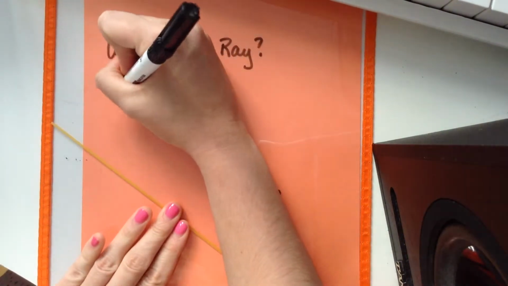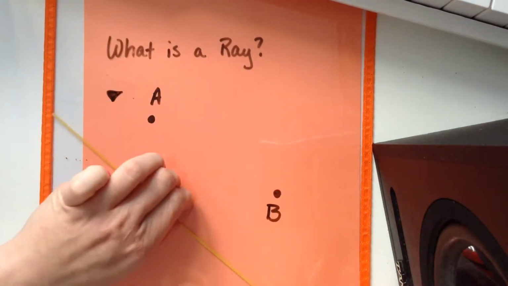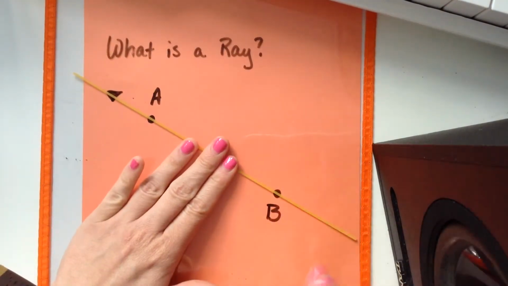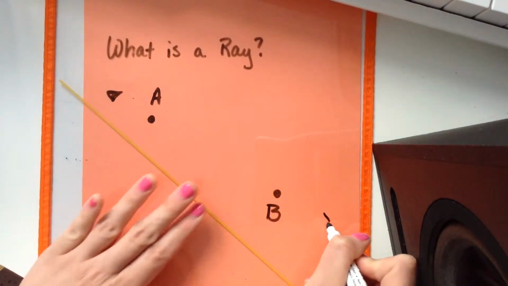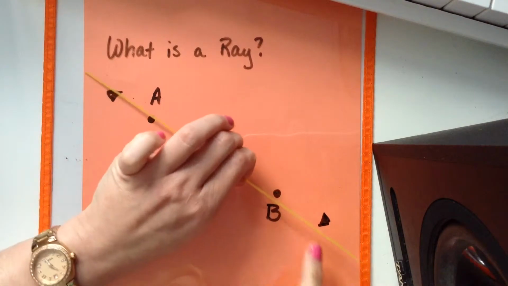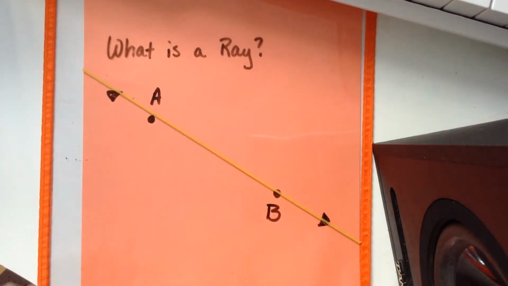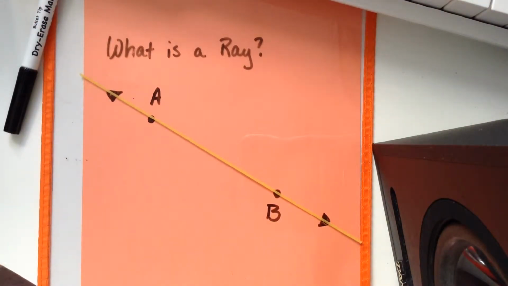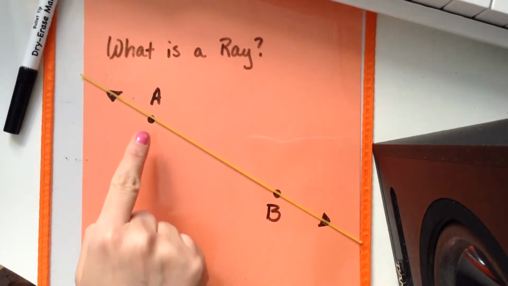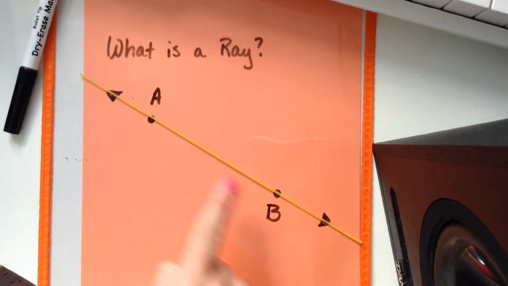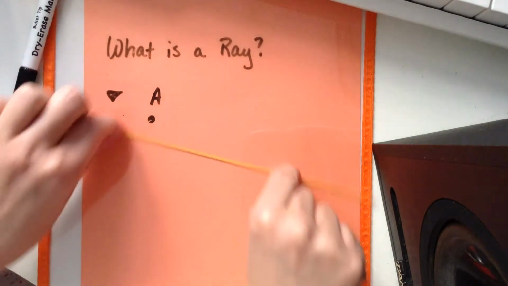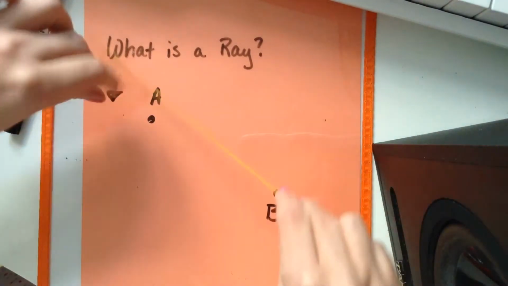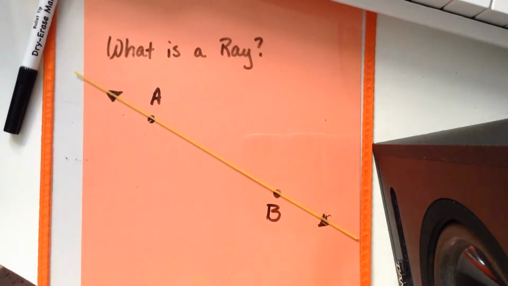So if I put an arrow here, and an arrow here, you've got a line going diagonal on your paper, and a line has to go through 2 points. It needs 2 points to define which way it's going, tilting it this way or tilting it this way. So there's the 2 points.